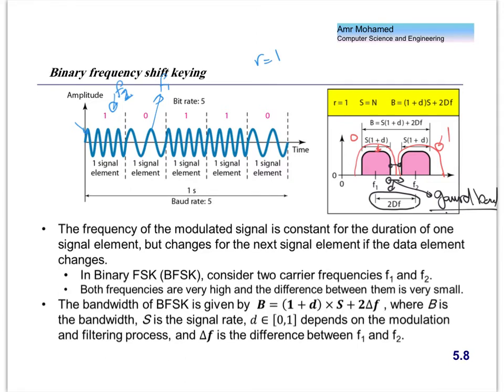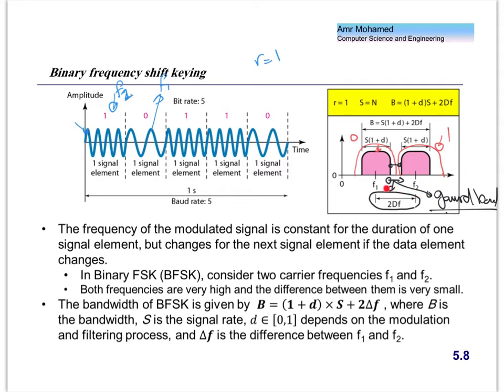So what is the bandwidth for the case of FSK? Well, we know that we need to have two symbols. Each one will have a duration of S times 1 plus D, similar to ASK. So we have 1 plus D times S for the 0, and 1 plus D times S for the 1. However, we have to transmit both, in which case we need to have at least double the bandwidth.